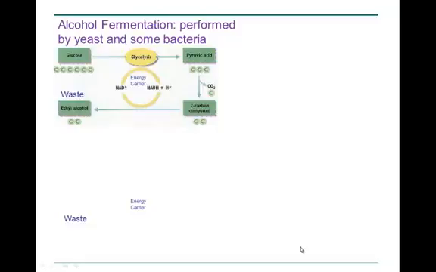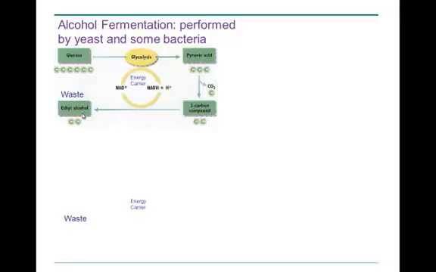This shows two types of fermentation. Alcohol fermentation is produced by some fungi such as yeast and a few bacteria. Bacteria have a very wide range of metabolic pathways, and we don't certainly even begin to address all of them that are possible. But notice the 6-carbon glucose comes in, undergoes glycolysis, produces pyruvic acid, and then it produces carbon dioxide as a waste product and also ethyl alcohol, which is ethanol.